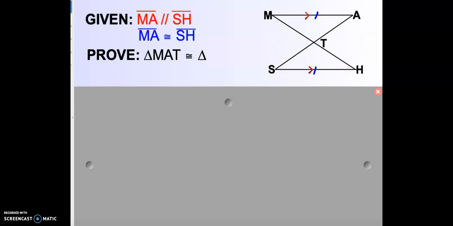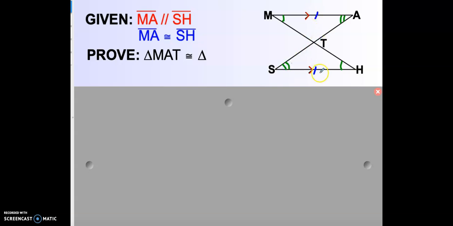Well, what do parallel lines give us? If you go back and look at your definition sheet, way at the bottom, we know parallel lines give us equal angles. As a matter of fact, I can say that this angle, angle M, would have to equal angle H because they are alternate interior. Similarly, angle A would have to equal angle S because those are alternate interior angles.